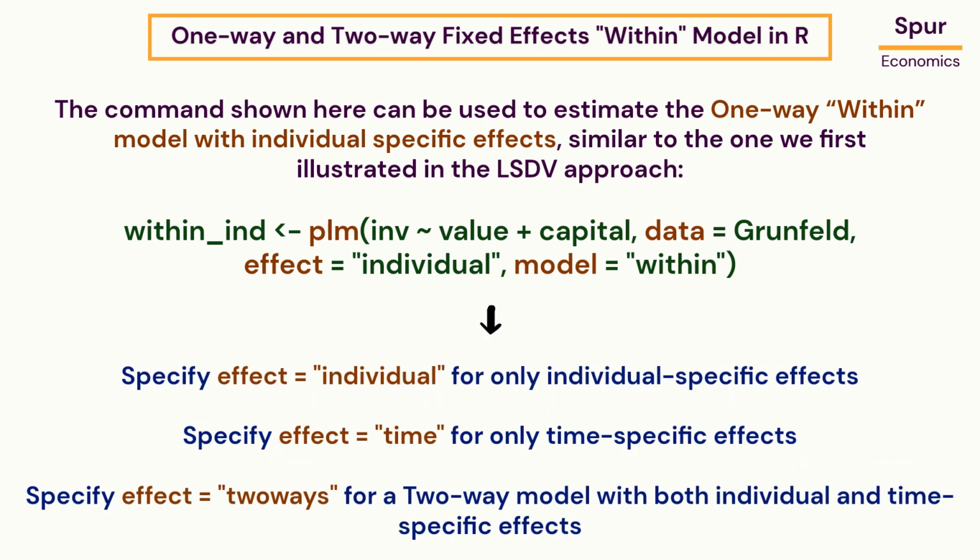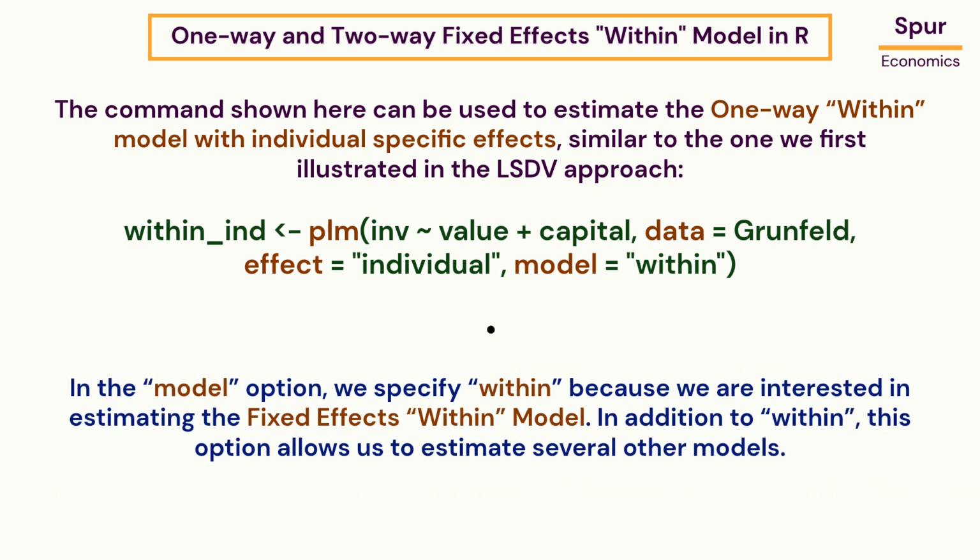We specify individual if we only want to include the individual specific effects. Similarly, we can specify time to include only the time-specific effects. Finally, we have the option to specify twoways if we are estimating a two-way model to include both individual and time-specific effects in the model.